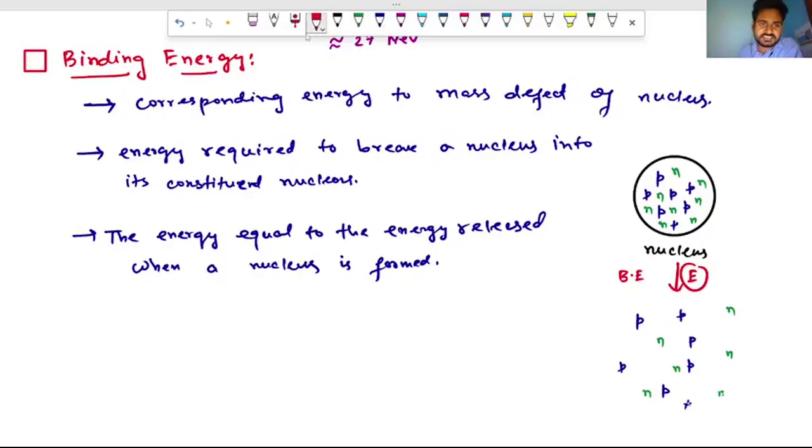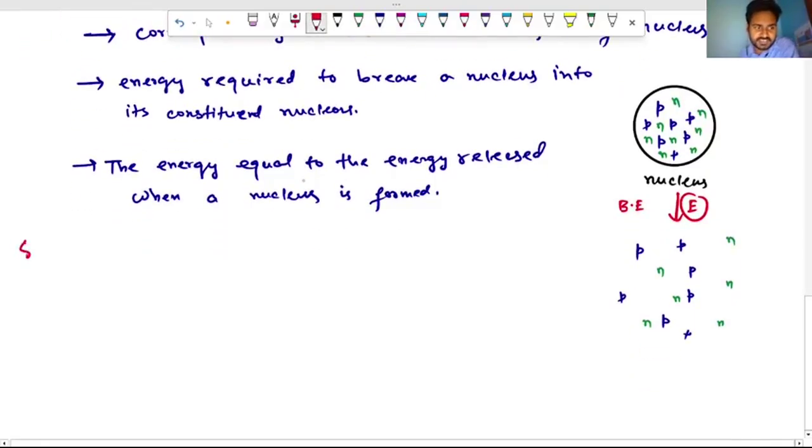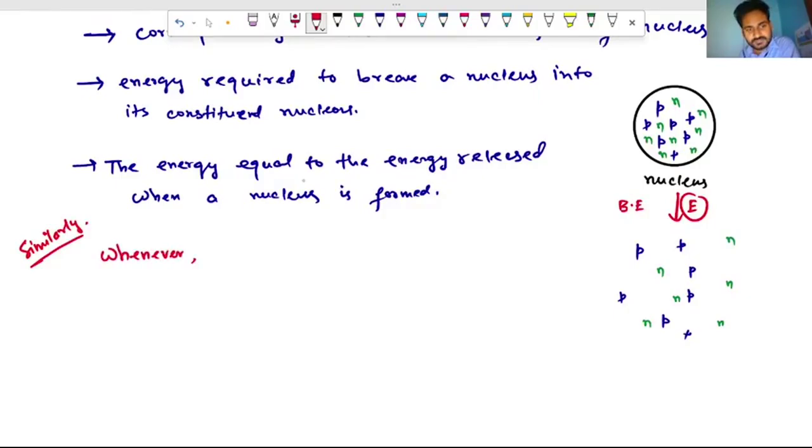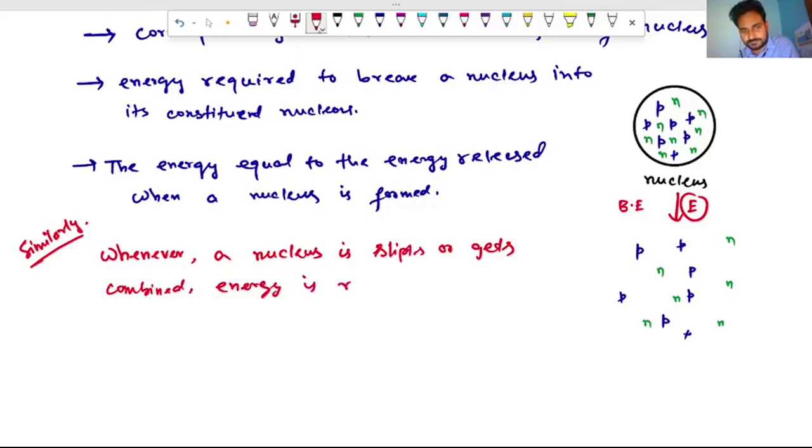Similarly, whenever a nucleus splits or gets combined, energy is released.